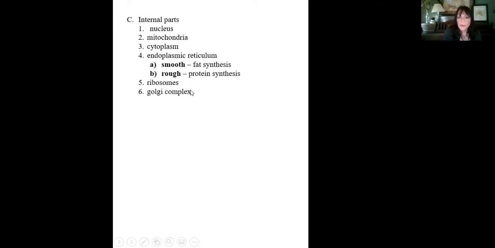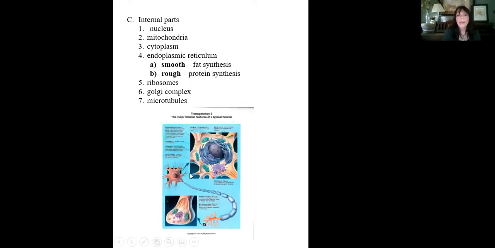Then we have the Golgi complex, microtubules, and here we go. Here's an illustration of all of those different parts, the internal parts of our neuron. And you can see here that we have the nucleus.